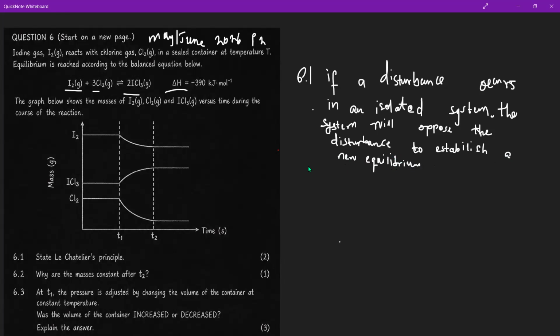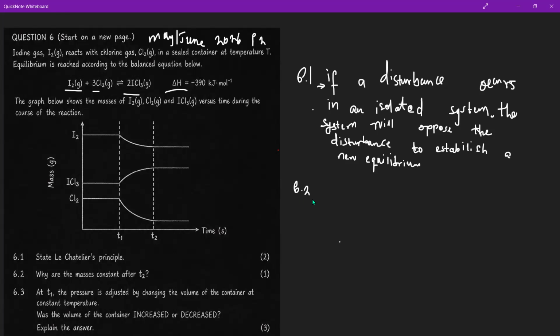That is it from me. So you can find a more accurate definition, although we know what Le Chatelier's principle is talking about. If we disturb a system, the system opposes that disturbance of the reaction.